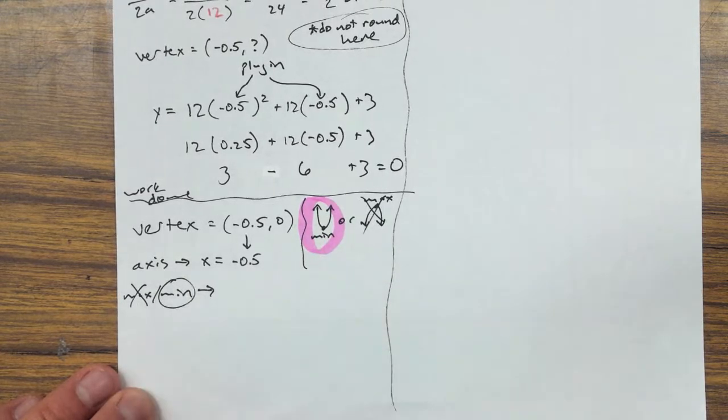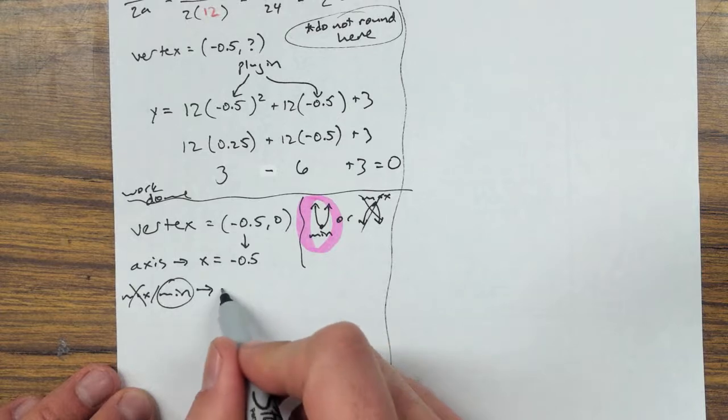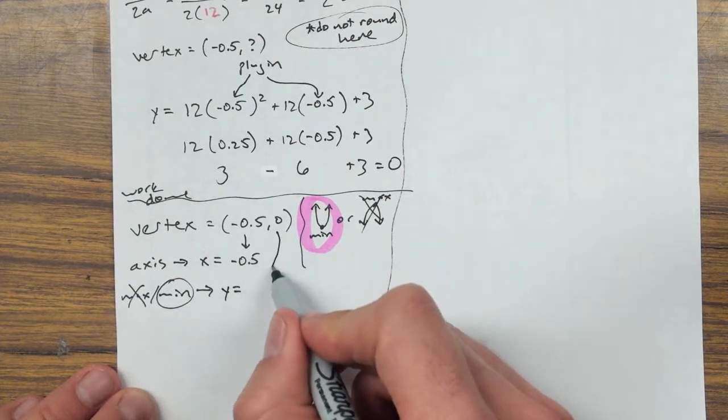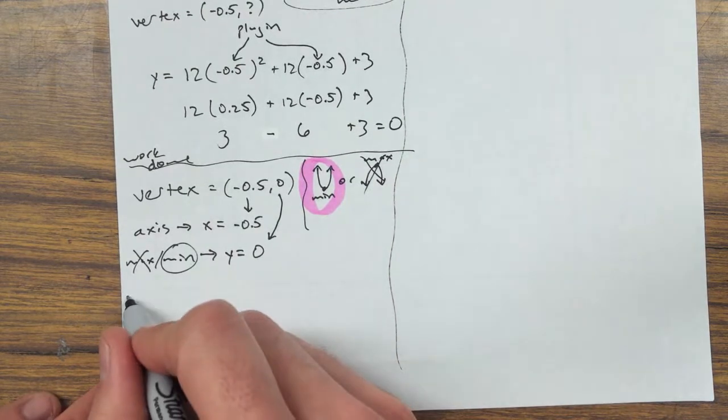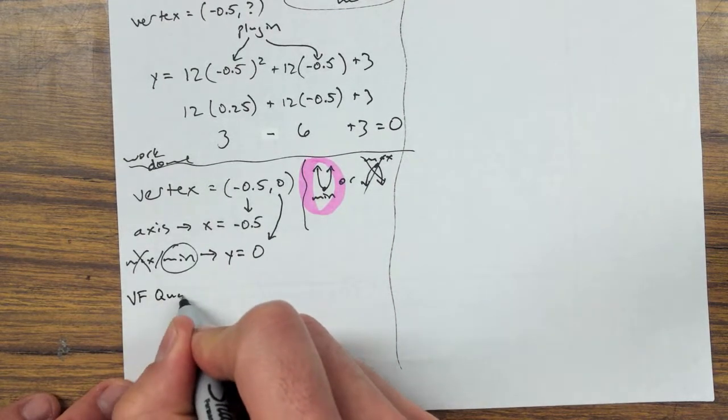It has to be a min. And the min is going to be y equals the other number from the vertex.